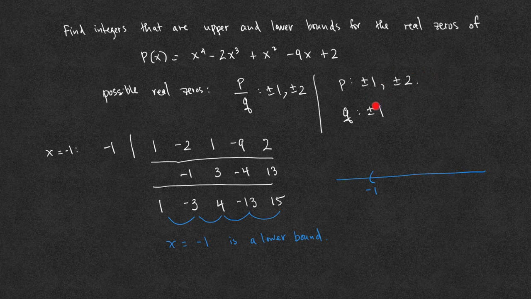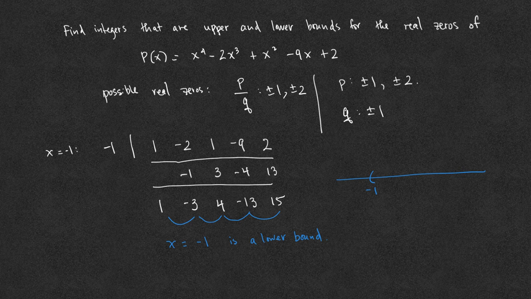In this case, not so much, but at least we know that we do not need to check x equals -2 to see if it is a zero, because again, x equals -1 is already a lower bound for any possible zeros. There is no zero on the left-hand side of -1. And so what is left is x equals 2.